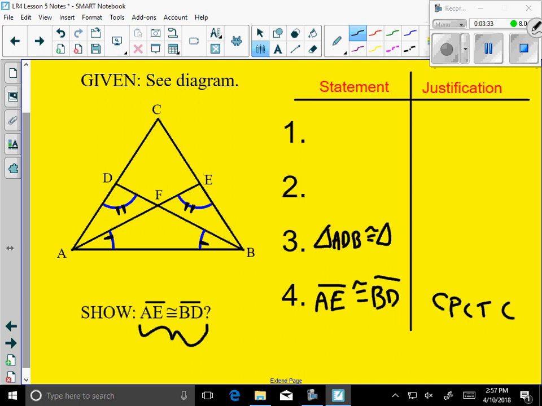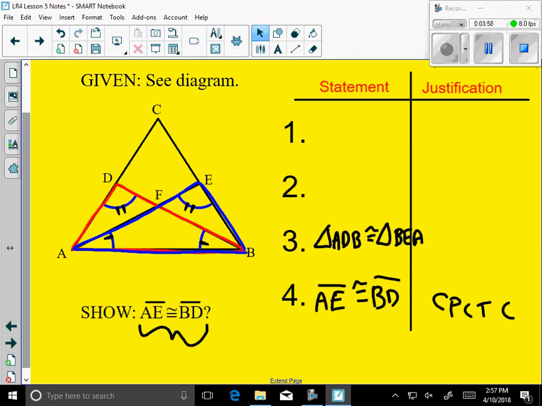The second triangle I see is BEA. If you don't see that right off the bat, look at items that I know. This triangle and this triangle have a reflexive property going on, as well as the fact that they contain both of those angles that are given.